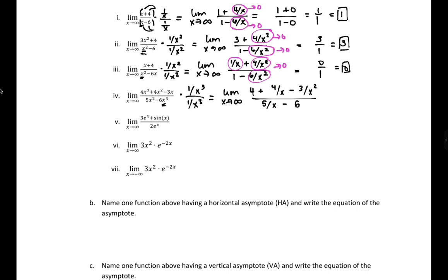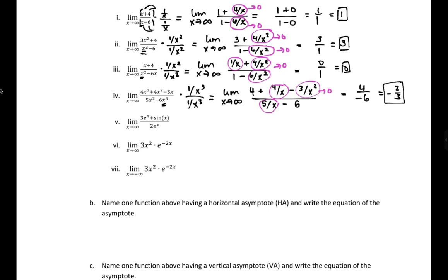Again, all three of the terms I just circled will approach 0 as x approaches infinity, and the whole limit is equal to 4 over negative 6, which simplifies to minus 2 over 3. So that's a review of how to do the rational functions algebraically.